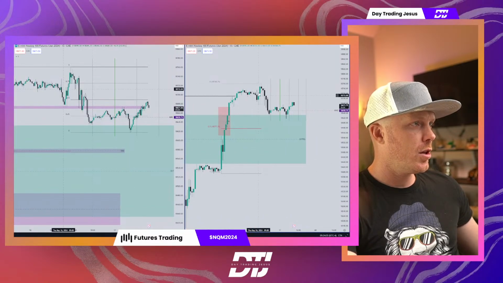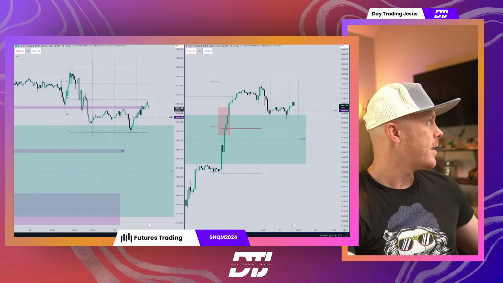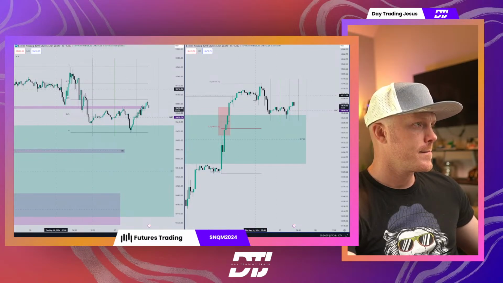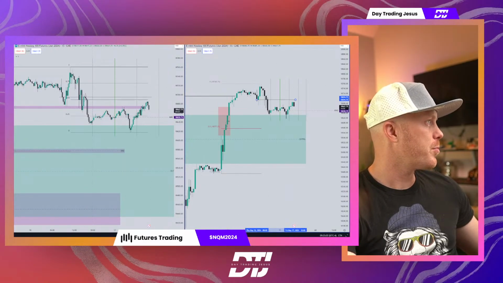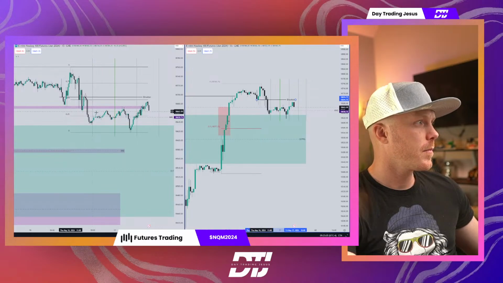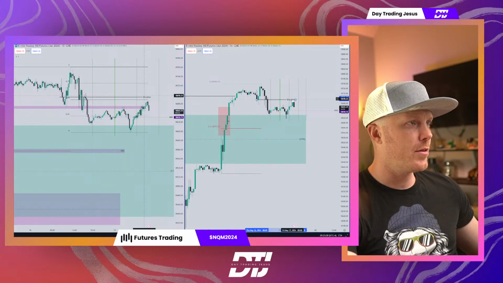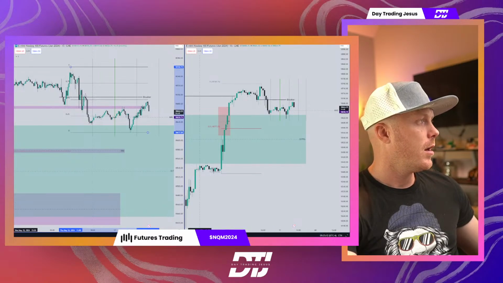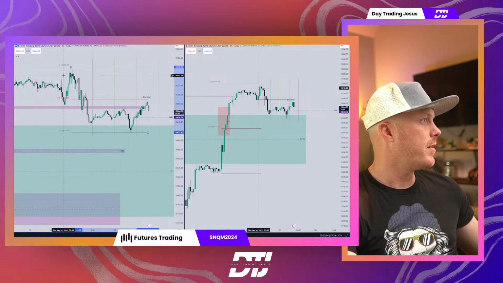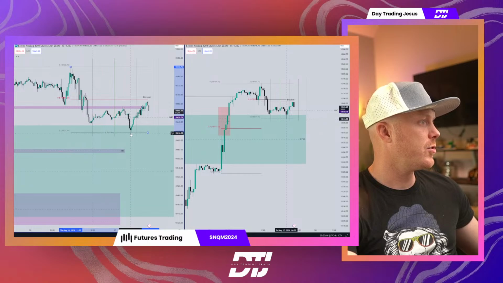So we got a high, low, higher high sitting right here. There's a bearish breaker on the 1 hour. Now, what I like about this bearish breaker, it's sitting right above the equilibrium of this leg here from this high to the low.